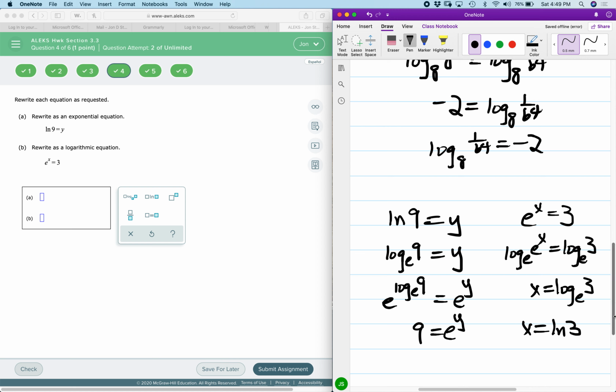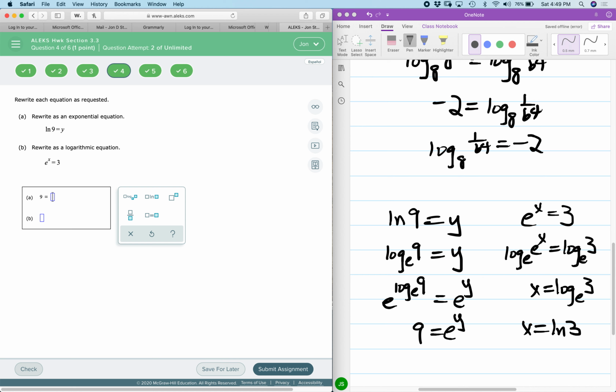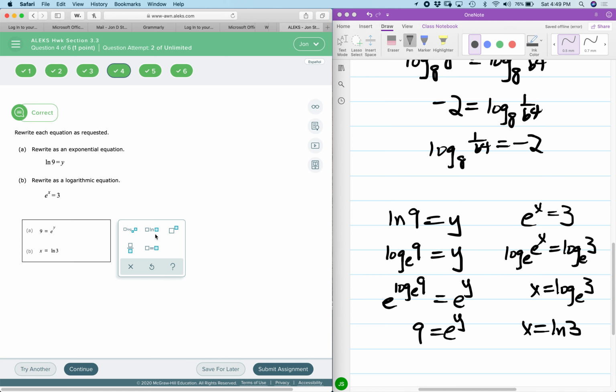So x is equal to the natural logarithm of 3. Plugging in, for part A I have 9 is equal to e raised to the y, and for part B, x is equal to the natural logarithm of 3. Checking, the result is correct.